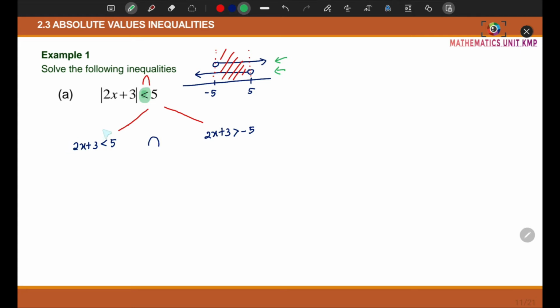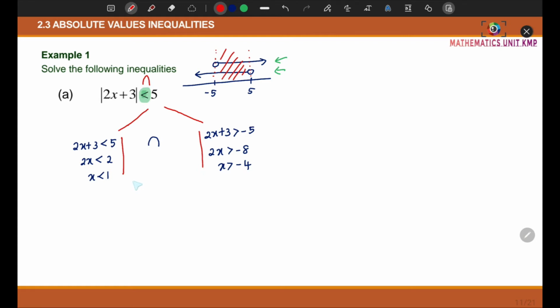Next, I will solve these two inequalities independently. On the left, we have 2x less than 2 and x less than 1. And on the right side, we have 2x greater than negative 8 and x greater than negative 4. So we have worked these two inequalities independently.